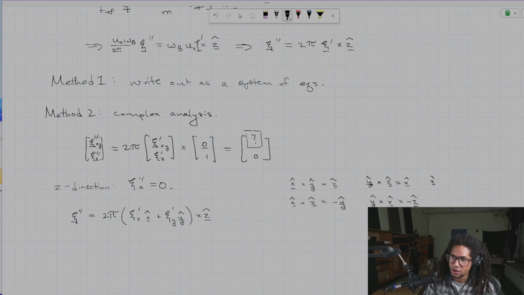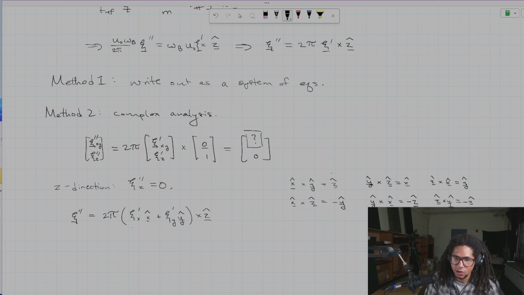Z hat cross x hat is equal to y hat. And z hat cross y hat is equal to minus x hat. Sometimes relations like these are called cyclic. And you can see why. If I move x, y, and z sort of all in the same direction while looping around, then I retain a positive sign on the right-hand side. And similarly for a minus sign on the right-hand side.